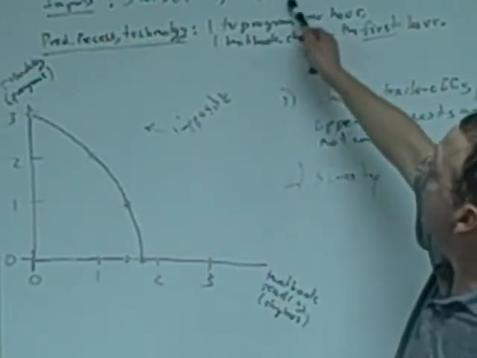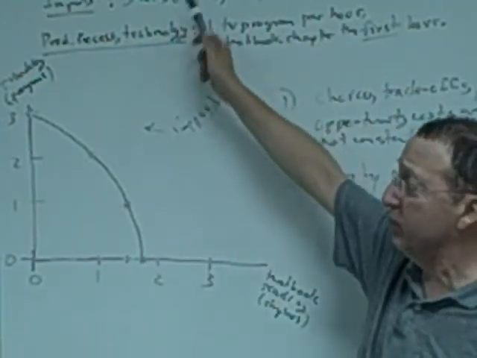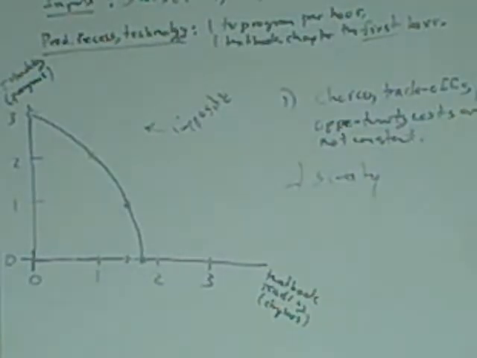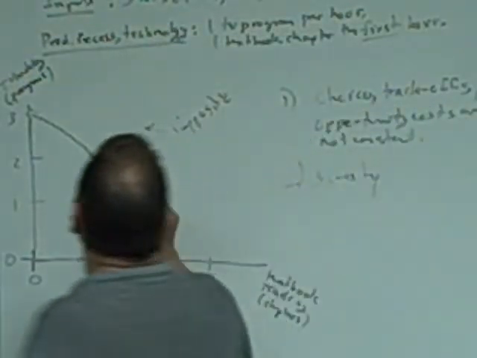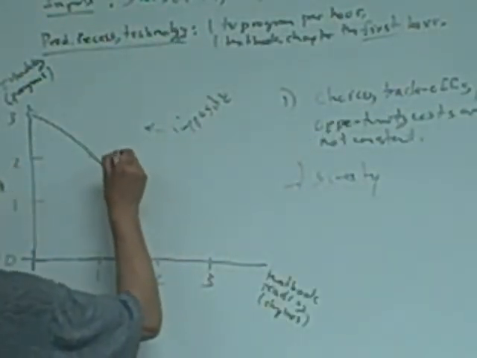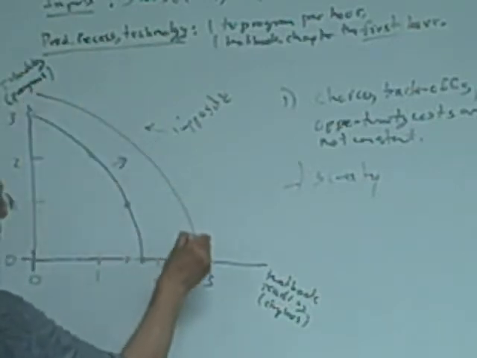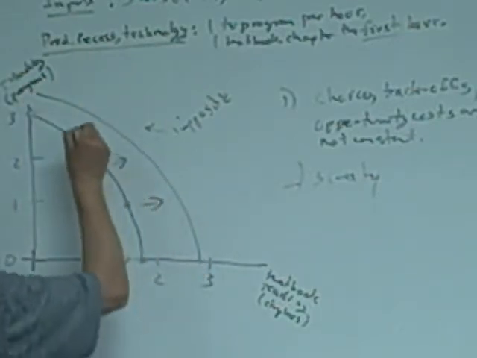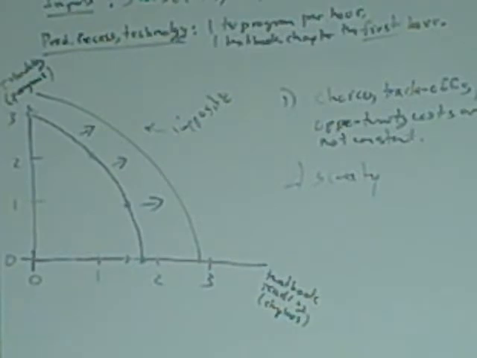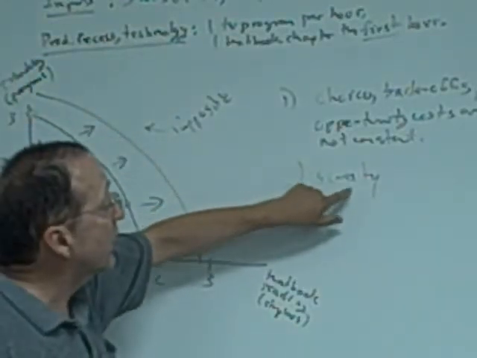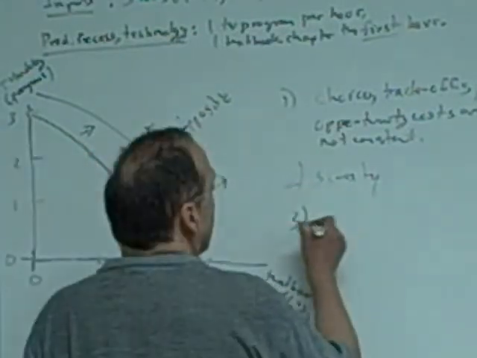We might have enough of the textbook and enough TV, but in this case one of the resources is constrained. The only way we can move this curve out is with more inputs. In this case, the only way we can move this PPF out is with more time. And if we have a lot of time available, then we might be constrained by another product, another input may be scarce.